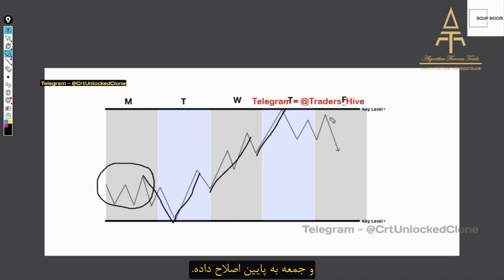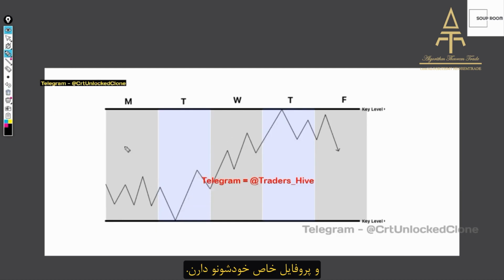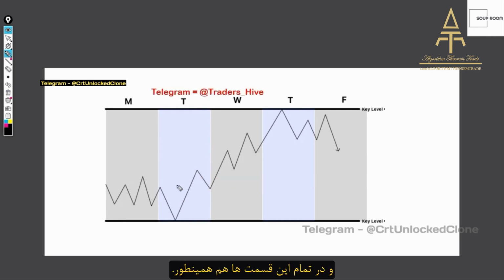While Friday, we see a retracement downwards. All of these are range profiles in specific. So let's just remove all that. We have a market profile over here, a market profile over here, a market profile here, another one here, and another one here. Do you recognize a pattern?